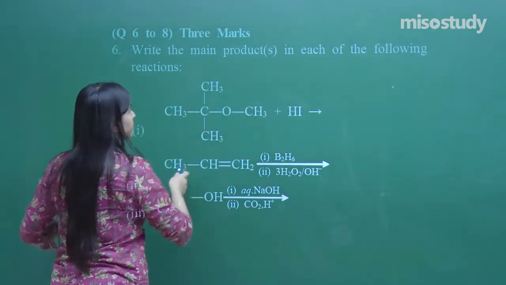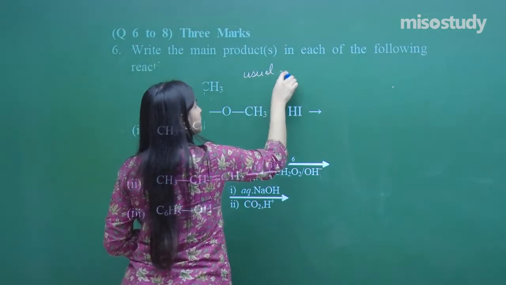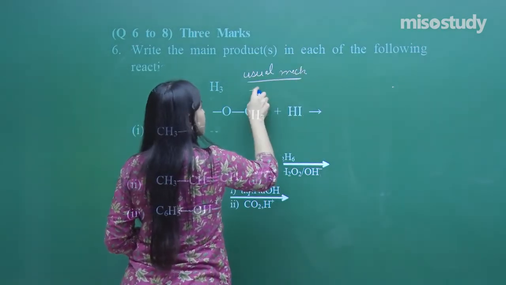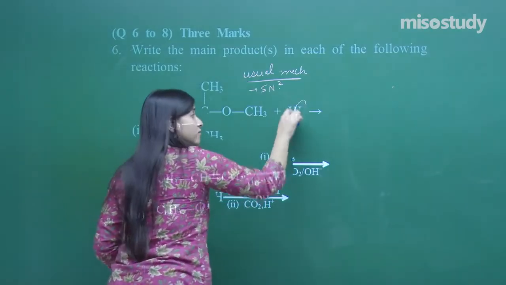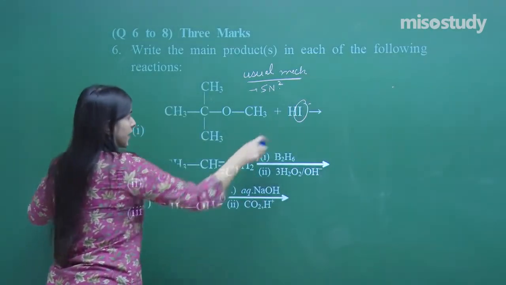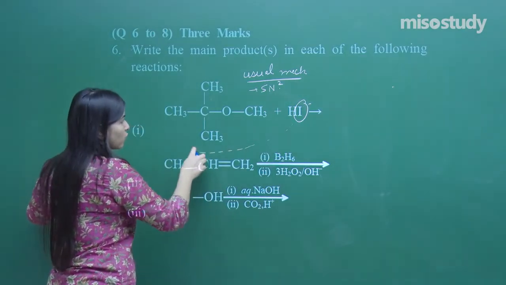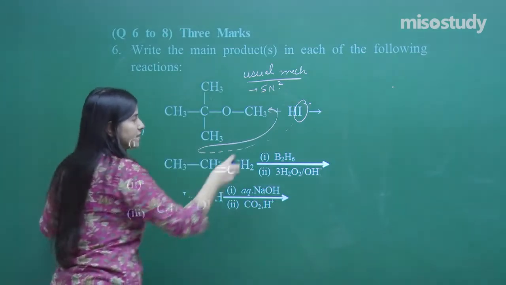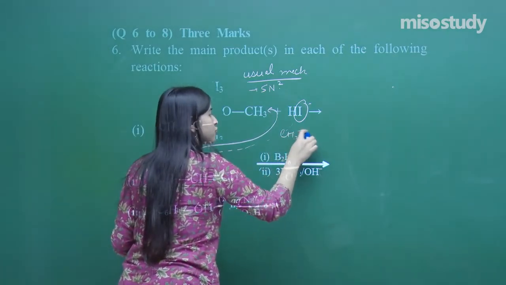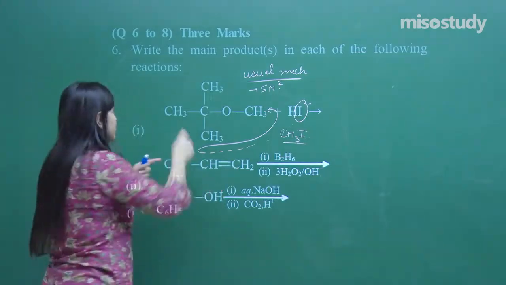But see here, the usual mechanism followed in this reaction is SN2, right? That means the backside attack of I negative. So it will attack towards the less bulky group, towards here, and thereby the favorable product should be CH3I. Fine, but not in this case.